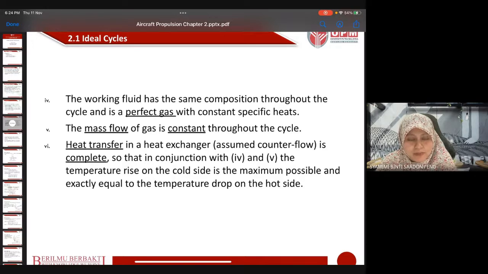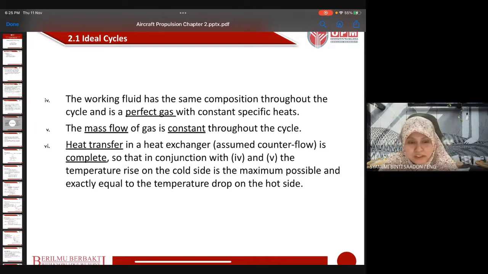So we assume that the air is a perfect gas, or ideal gas. When we assume that it is an ideal gas, it means we can apply the ideal gas property to the working fluid, the air.